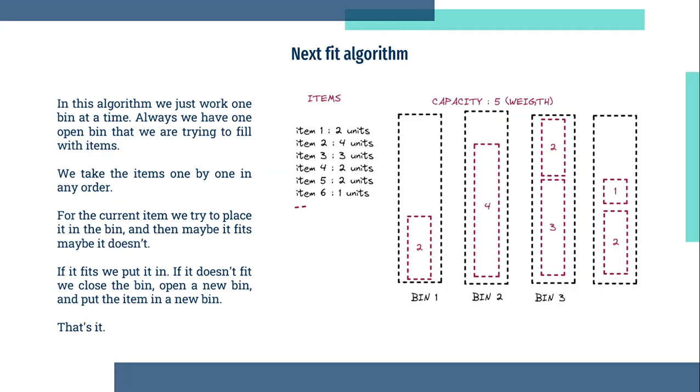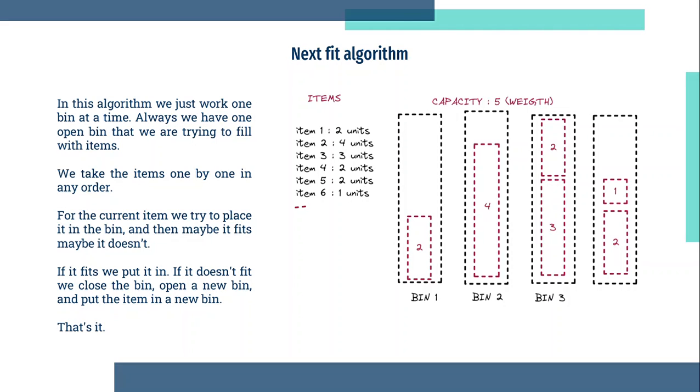The first one is known as the next fit algorithm, and in this algorithm we will have a number of items and we will store them in the containers in the order in which they were assigned to us. After saving the first item, we will check if the next item can be saved in the same container.